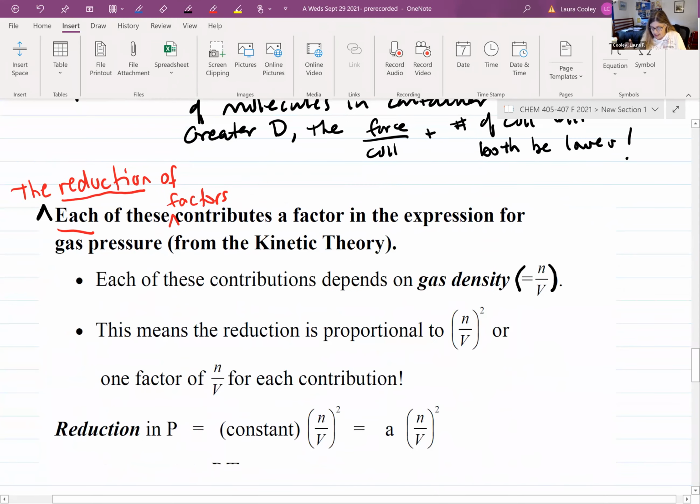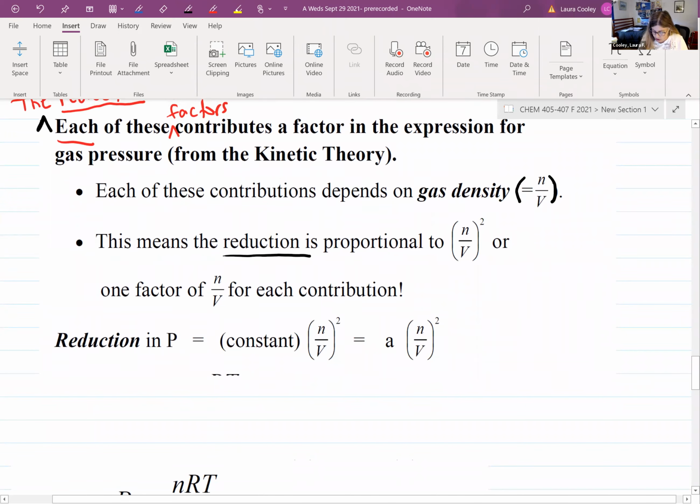So what I'm going to say in conclusion is that the reduction in the pressure is going to be proportional to the square of the number density. And this is exactly what we do. We say that the reduction in pressure is proportional to n over V squared, which means it's equal to a constant, which we call a, times n over V squared.